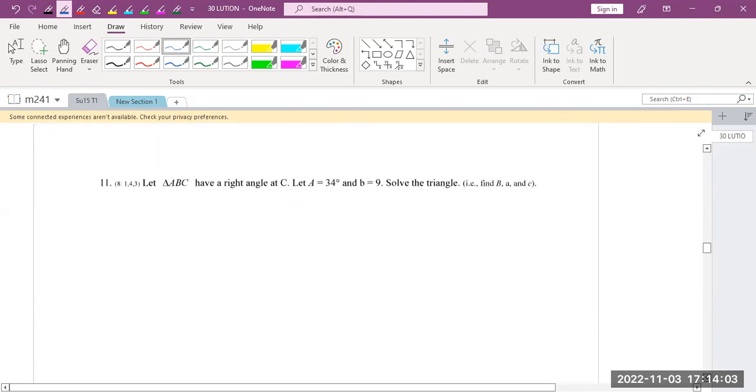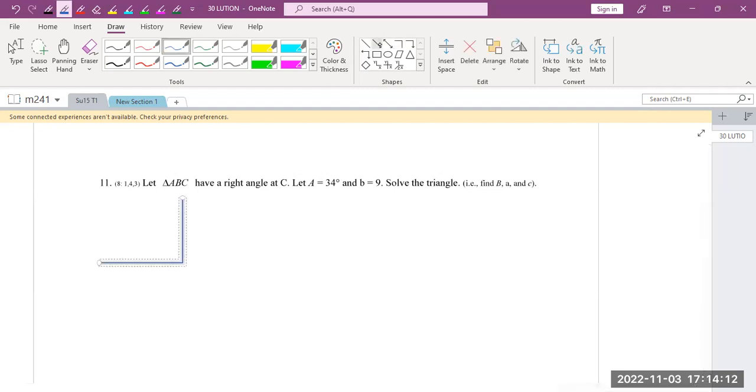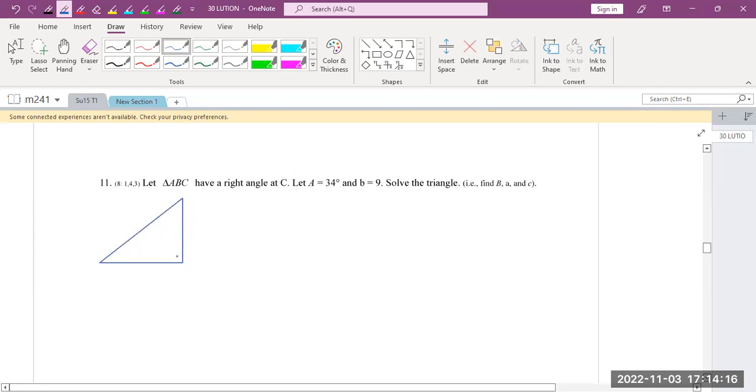Number 11. Let triangle ABC have a right angle at C. Sketch that right away. Triangle ABC, right angle at C. Let's call this A. Let's call this B. Let angle A be 34 degrees. Side B is 9.